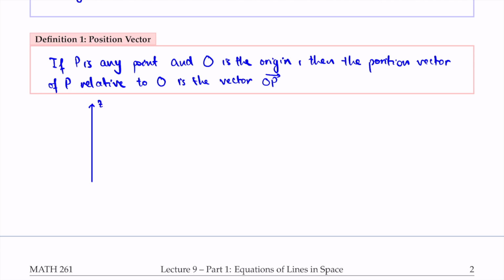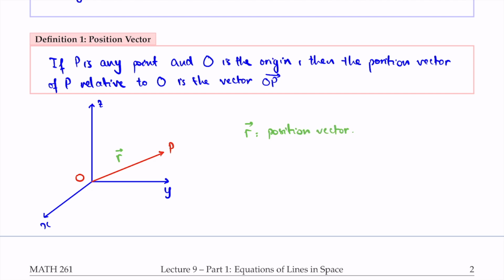Consider the three-dimensional space of x, y, and z. The vector OP, or the position vector, can be described using this particular vector. Here, this is vector OP, given that O is the initial point and P is the terminal point. Sometimes this type of position vector can be denoted as vector r. So in this case, vector r is a position vector.